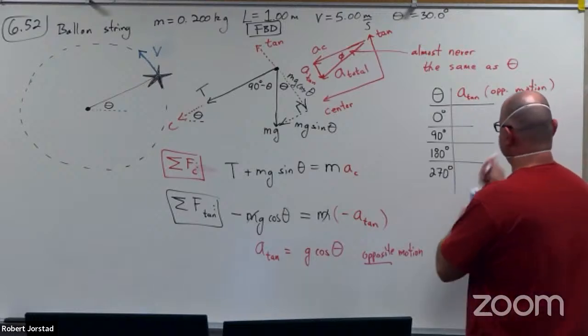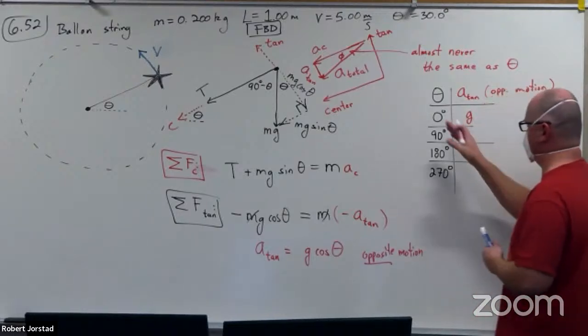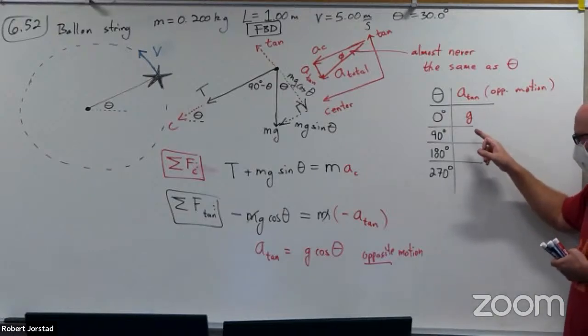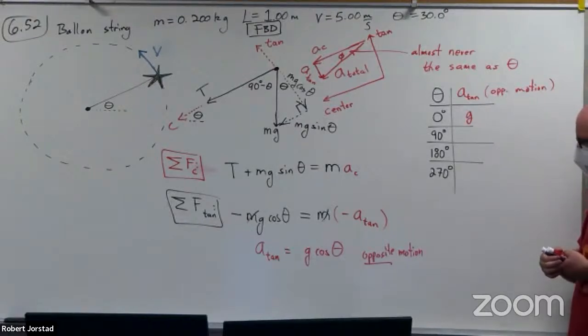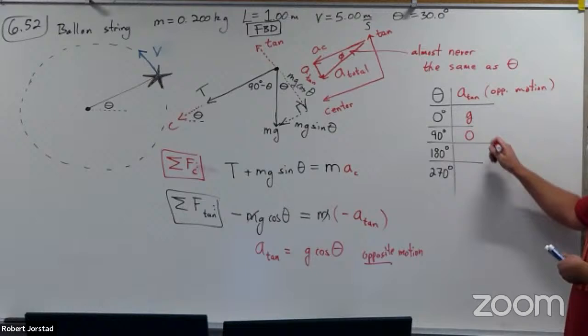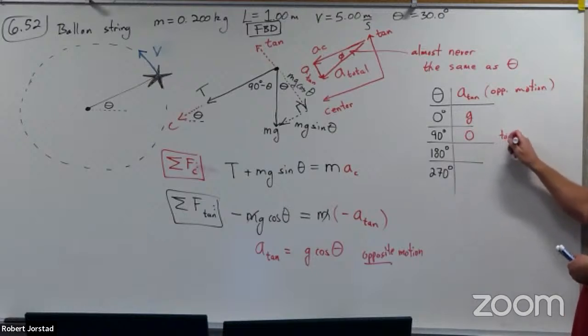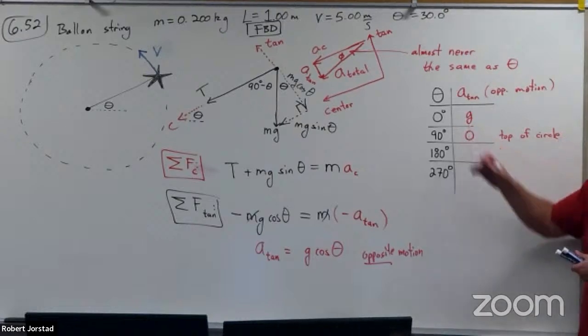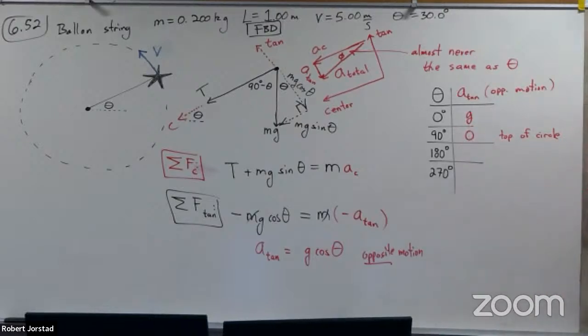He's saying cosine of 0 is 1, so when I plug in 0 degrees, I get A tan is g. Good. What about when you plug in 90 degrees? 0. Where is this? Top of circle. Notice there's no tangential acceleration at the top, just like we saw in that simulation.